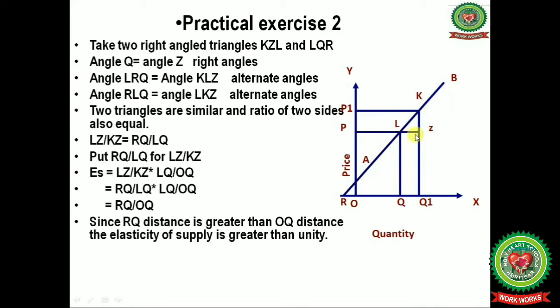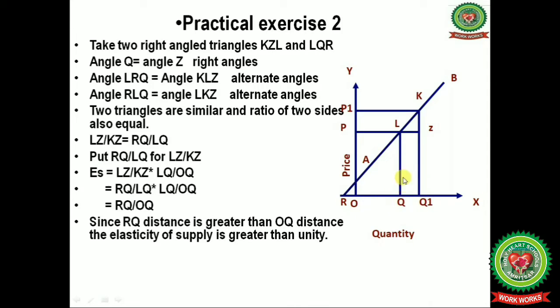Now LZ upon KZ is equal to RQ divided by LQ. Put RQ upon LQ for LZ upon KZ. Now elasticity of supply is equal to LZ divided by KZ multiplied by LQ, divided by OQ.